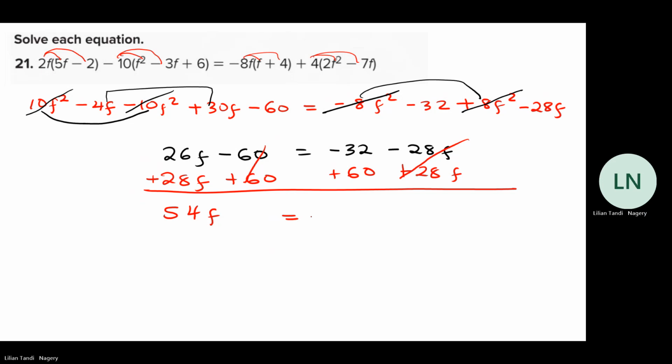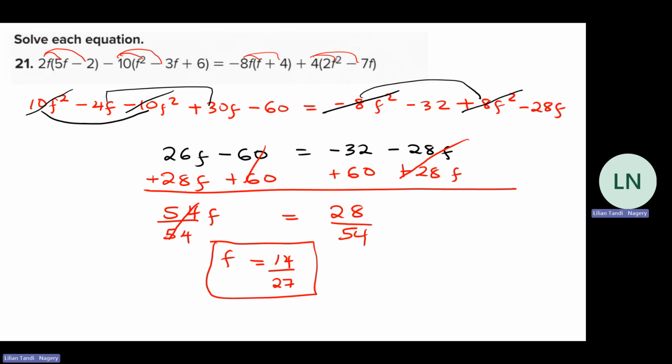This goes, and this becomes, what is negative 32 plus 60, 28, and divide by 54. f is 14/27. Always box your answer.